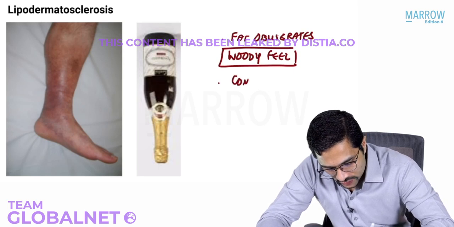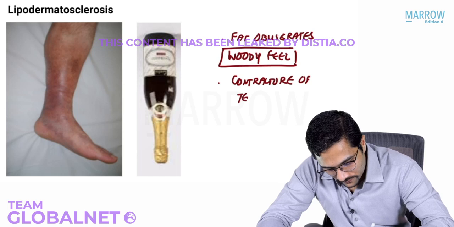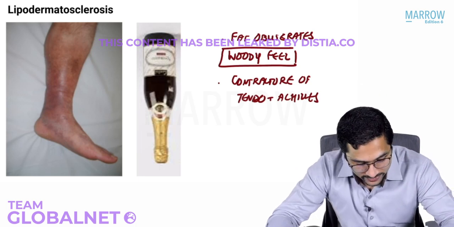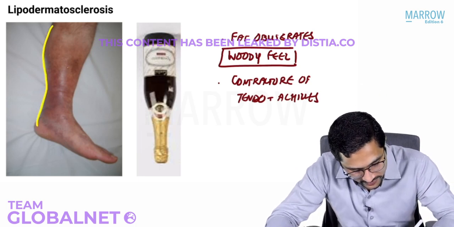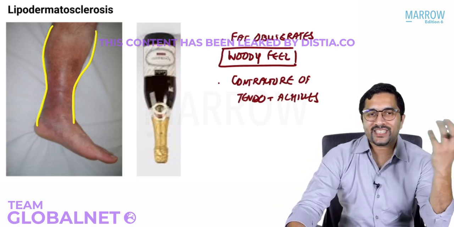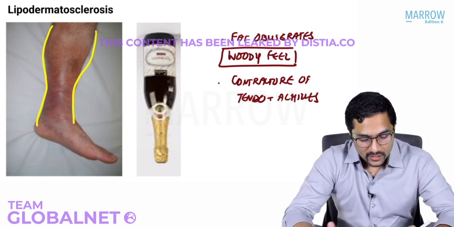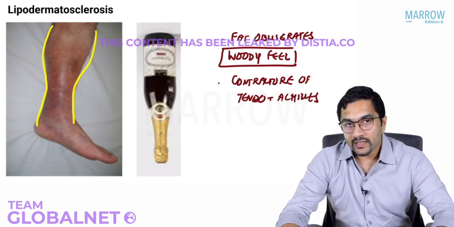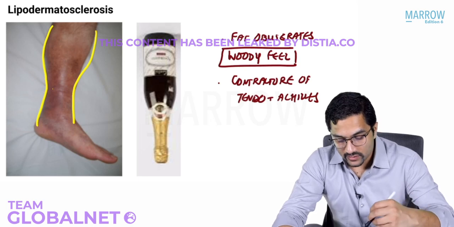There is contracture of the tendoachilles in these patients, and the appearance which you get is an inverted champagne bottle appearance. It looks like the champagne bottle has been turned upside down.